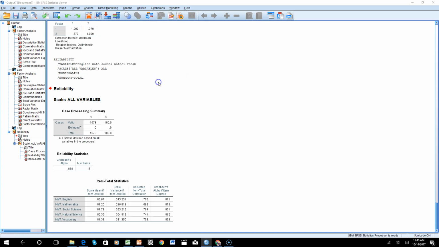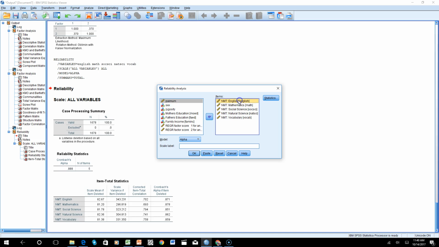Second factor, scale, reliability. I'll go over here, Control A, take that and put it back in that box. Mother's education, the family information across. That looks good.